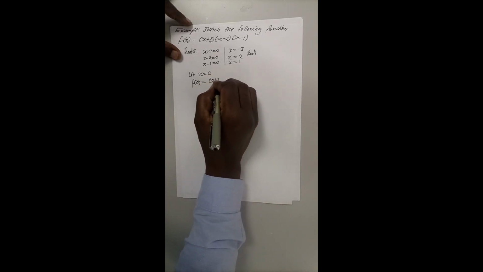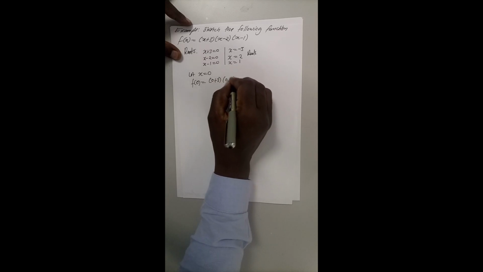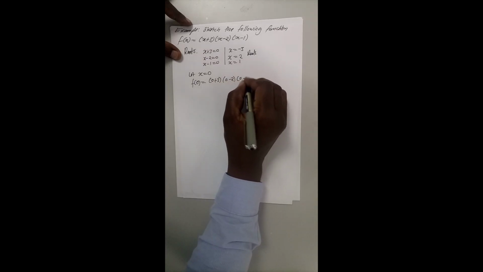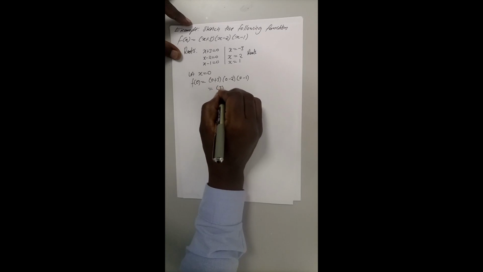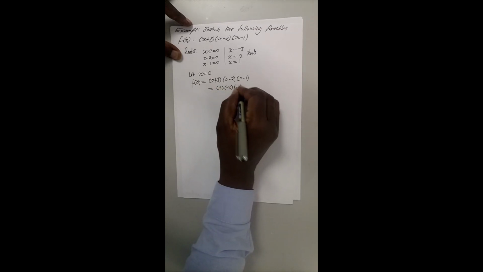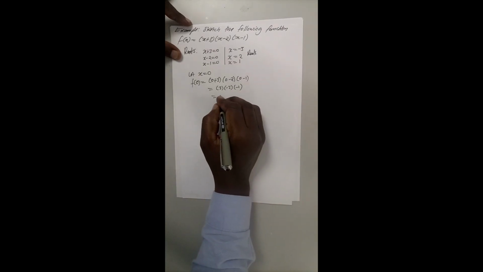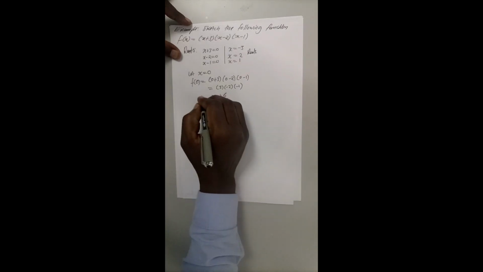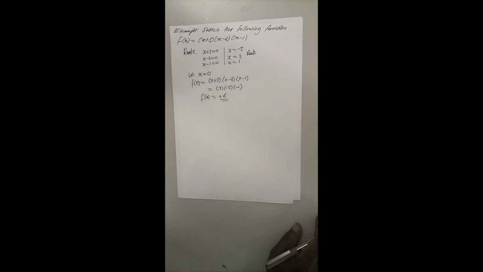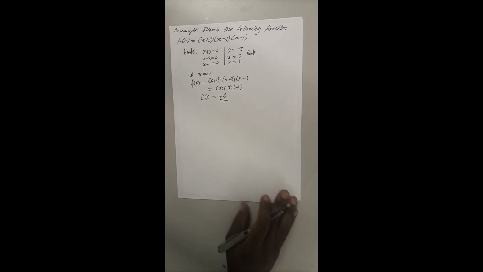You put 0 plus 3, 0 minus 2, and 0 minus 1. So you get 3 times negative 2 times negative 1. So there you get positive 6. So this function cuts the y-axis at y is equal to positive 6.